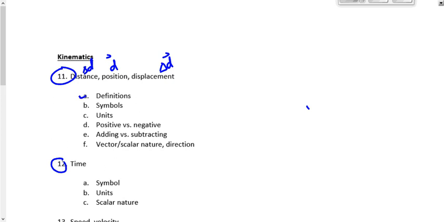Positive versus negative, what do we mean by that? Well, there is a direction associated with these: north, south, east, west, left, right, up, down, whatever the case may be. We usually make positive if the direction is north. What else would it be? East, probably.